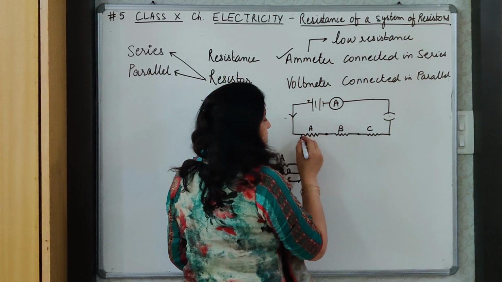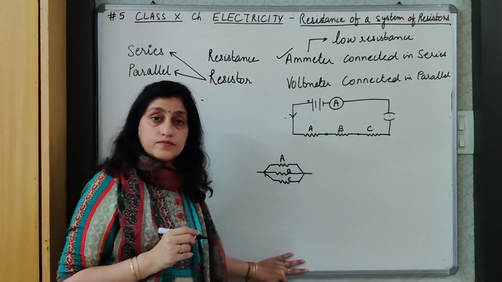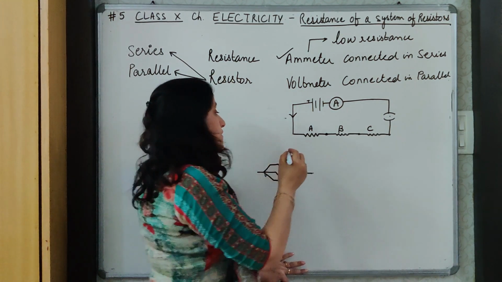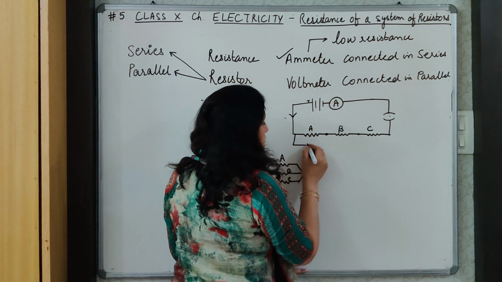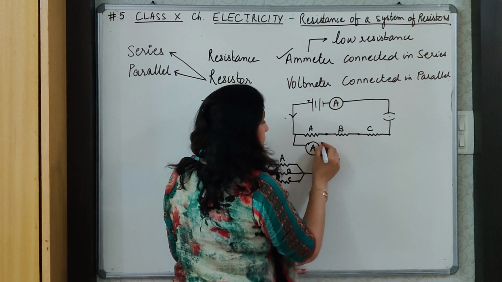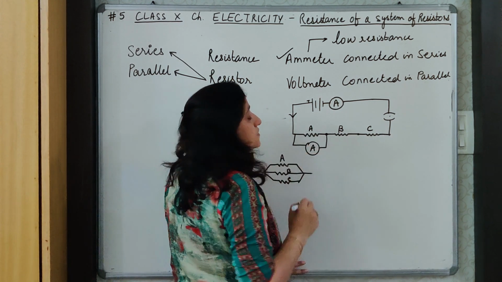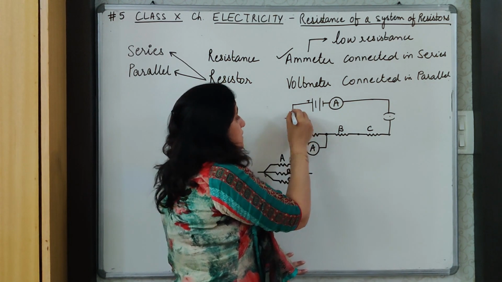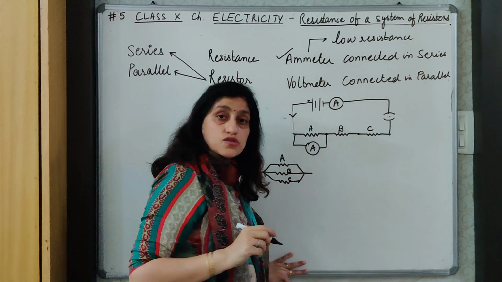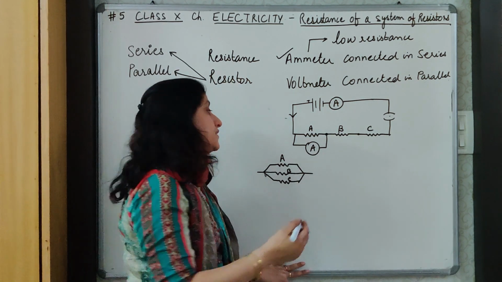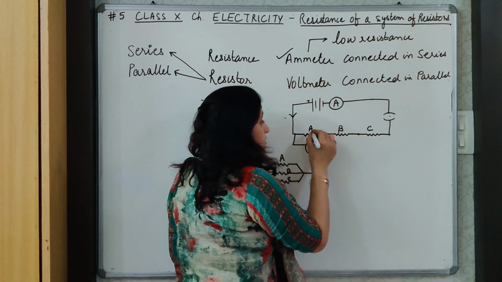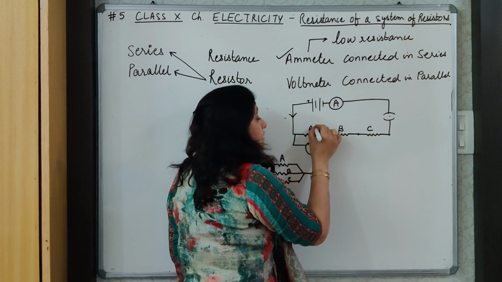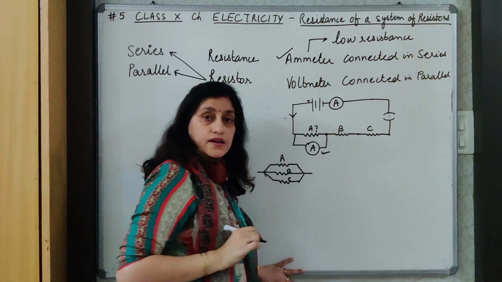If this ammeter is connected in parallel, then suppose I connect this ammeter in parallel to this resistance. Ammeter is a very low resistance device. So as the current will flow, what is going to happen? More current will flow through this ammeter and very little current will flow through A.